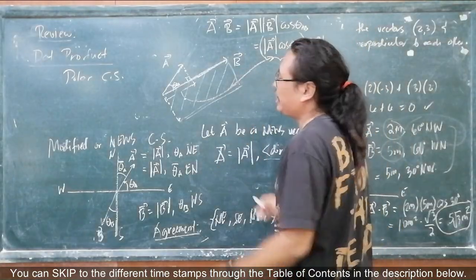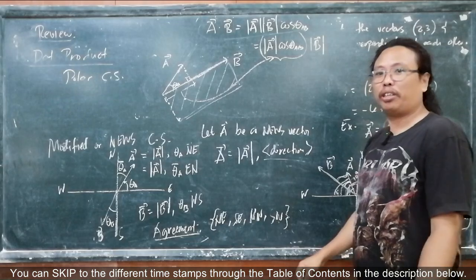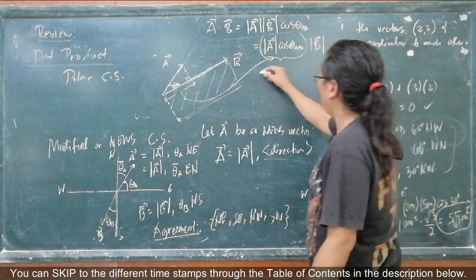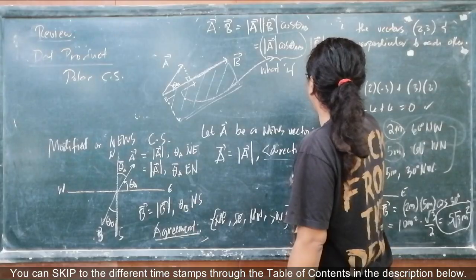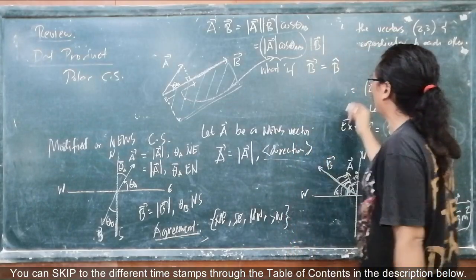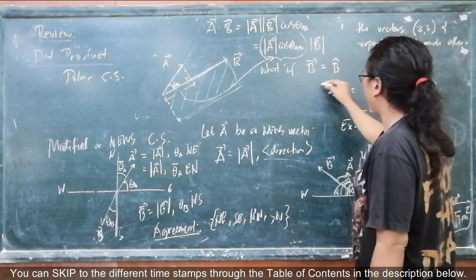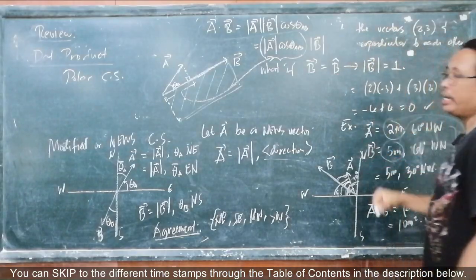Imagine what happens if B is a unit vector. What if B is equal to a unit vector B hat? That implies the magnitude of B is equal to 1.